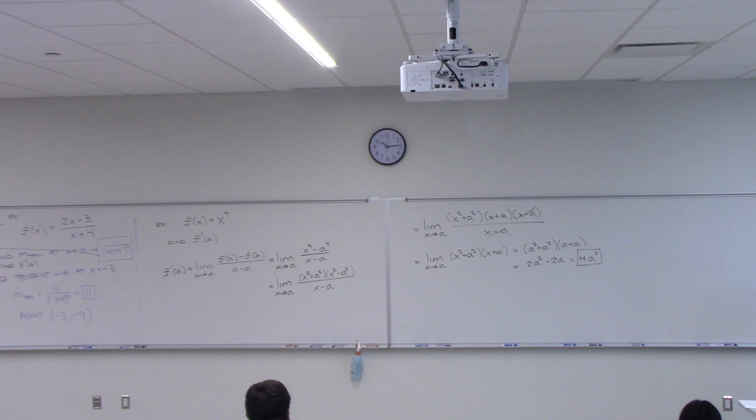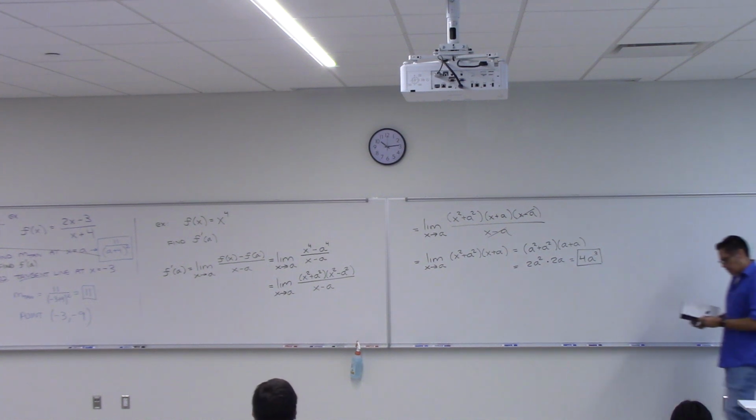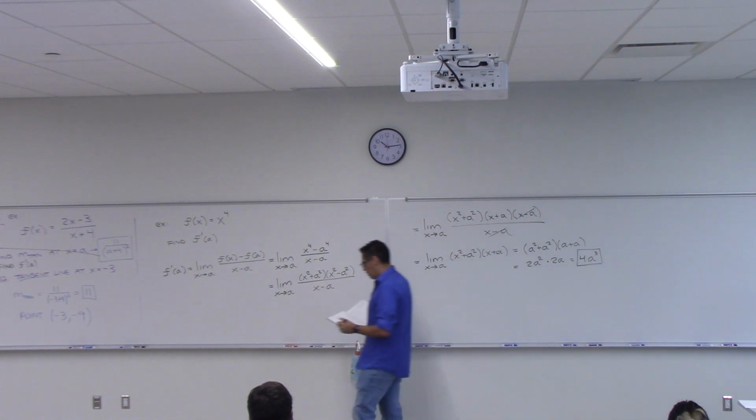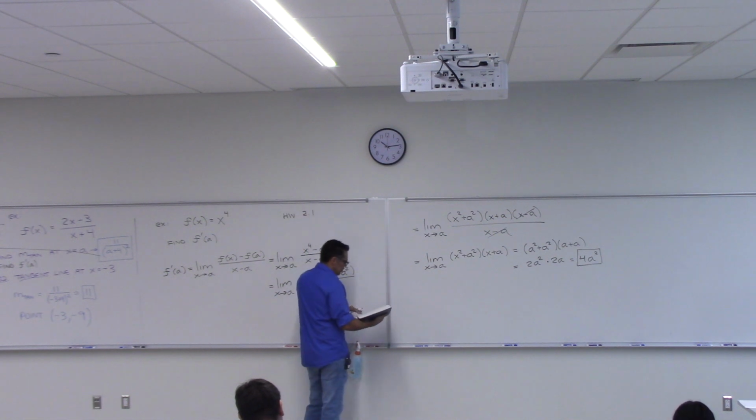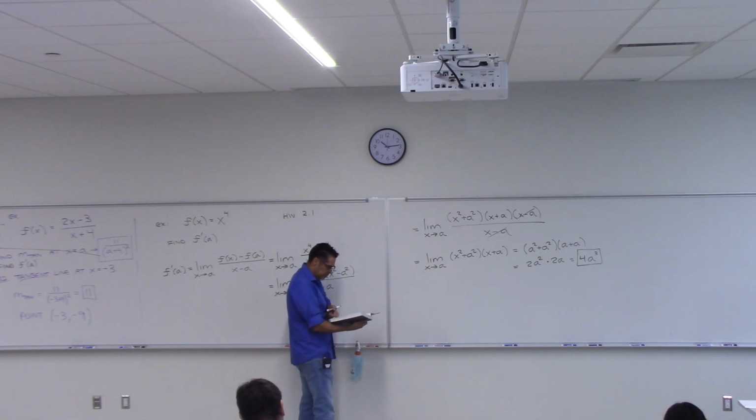Okay, let me tell you what I want you to look at for homework. We're not done, but we're still in 2.1. So here's what I recommend you look at for homework for 2.1. I already told you last time to do the first, like 3 through 6, right? Yeah, 3 through 6.